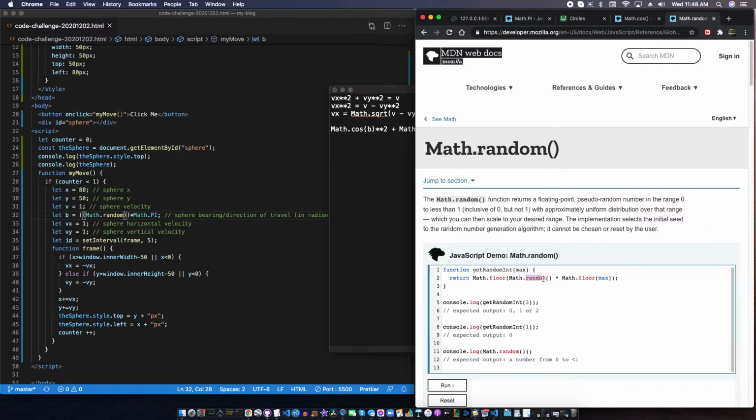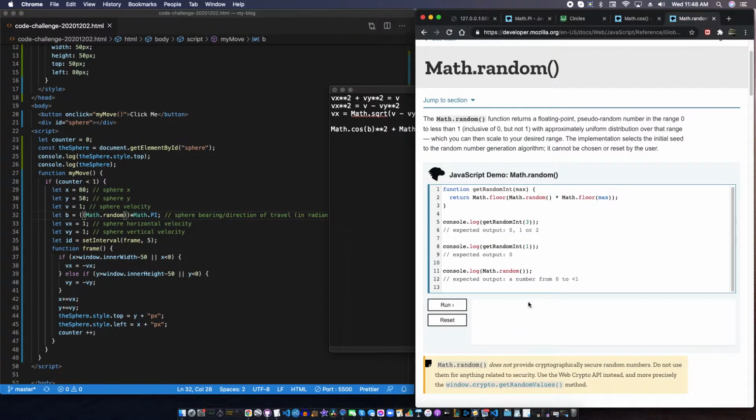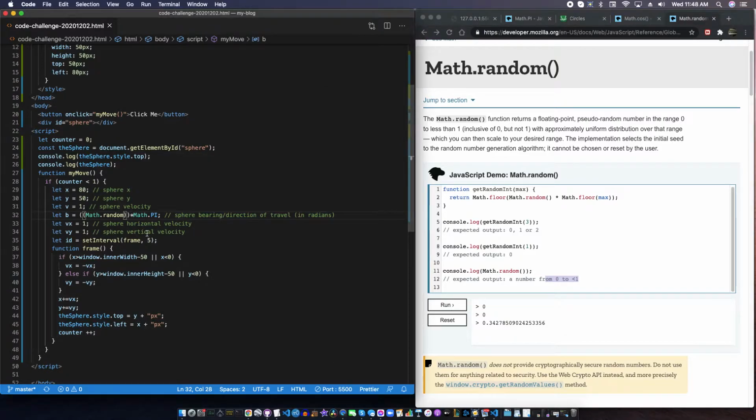Okay, that's the function they made. It gives you a random number between 0 and 1. So I just need to put the parentheses here, and then I can multiply it by 2. So I get a random number between 0 and 2. And that's it. So then my sphere will start out traveling in a random direction, which is awesome.